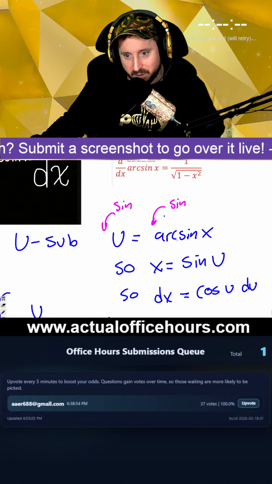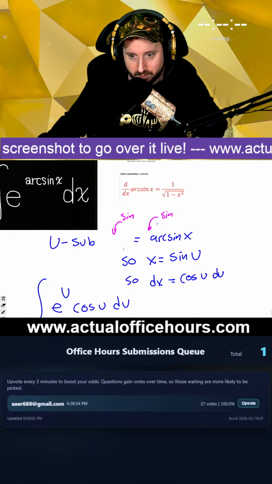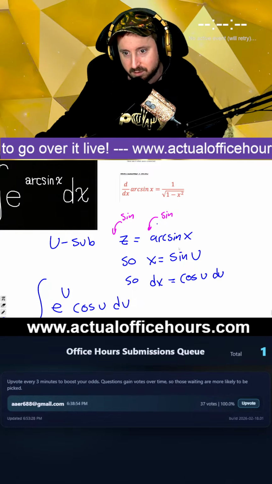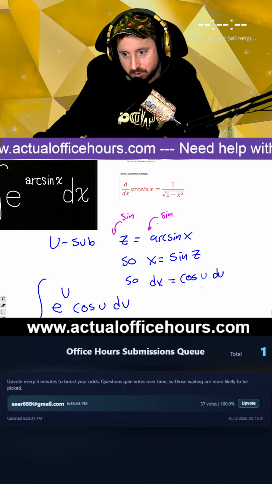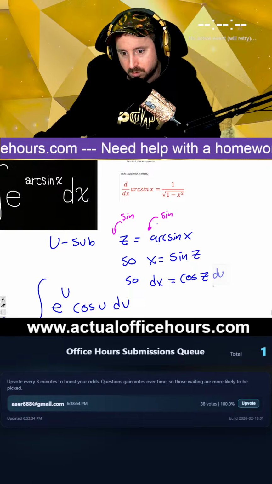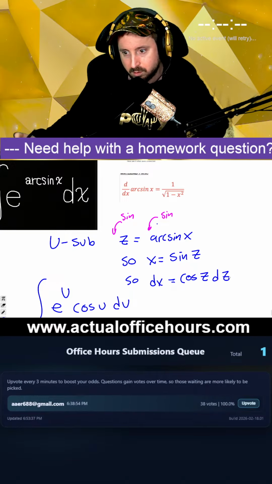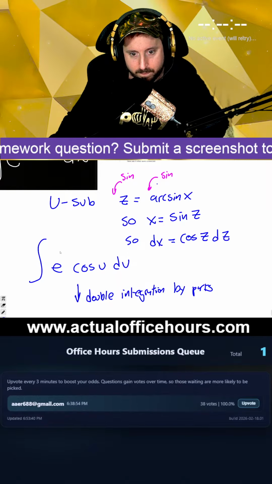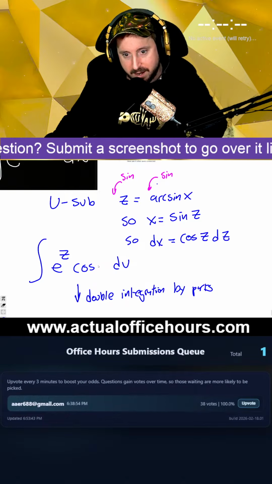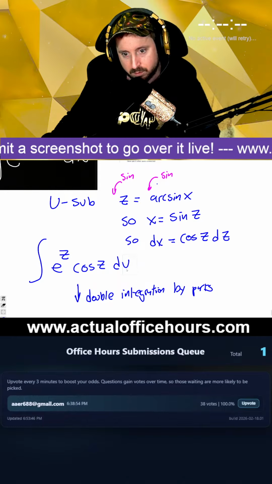Let me make these a little different. Let me say this is z, because u and v get used in integration by parts. This is where the diagonalization method looks a lot nicer.